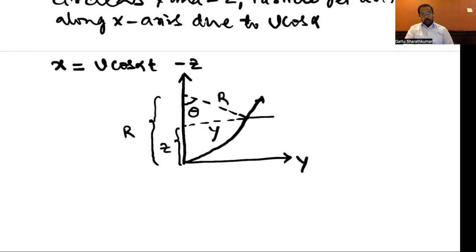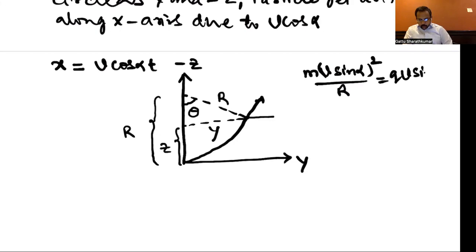Now, what is the force which is responsible? mv squared by r is equal to qv sin alpha into B. Right?